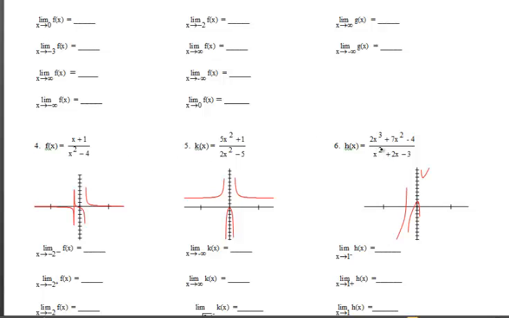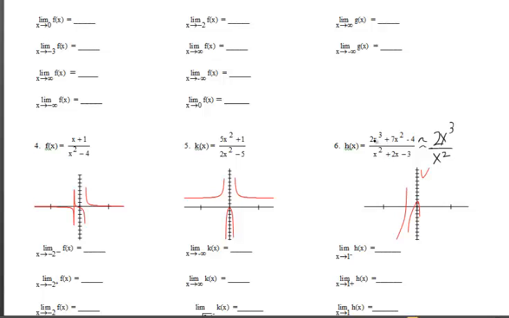If you look at 6 real quick, you see that the degree of the numerator is greater than the degree of the denominator. That indicates you don't have a horizontal asymptote like these 2 graphs, but a slant asymptote. And that's why this graph looks the way it does. Based on what we just did previously, if you look at the model, this is approximately 2x cubed, the highest exponent 3 up here, x squared down here.